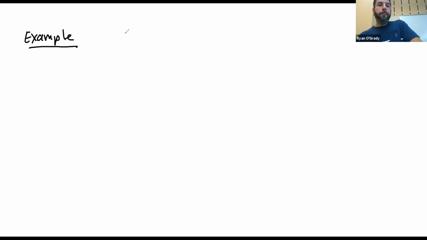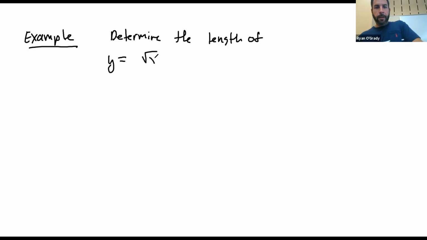Okay, so let's determine the length of y equals the square root of x on [0, 1].